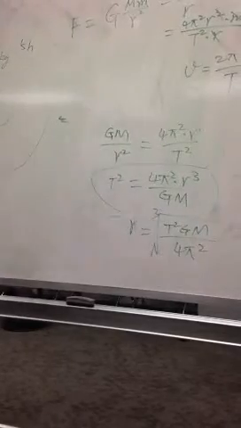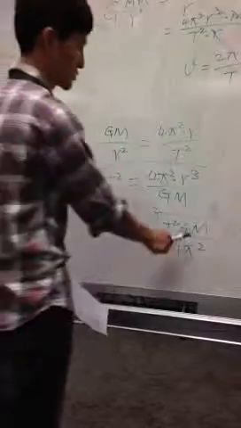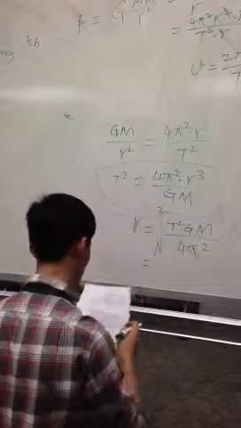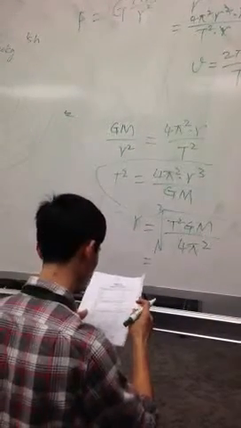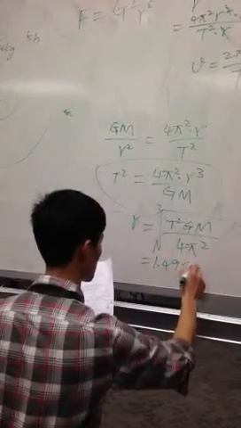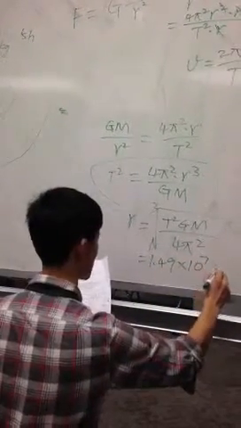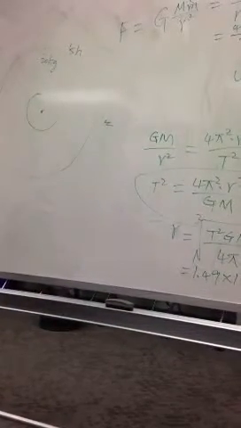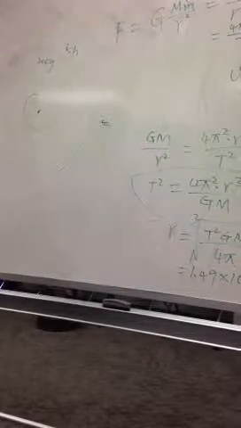And then you plug in the numbers GM, T squared, and use a calculator to do that. And then you got 1.49 times 10 to the 7th meter. So the height from the center of the Earth to the satellite is 1.49 times 10 to the 7th.